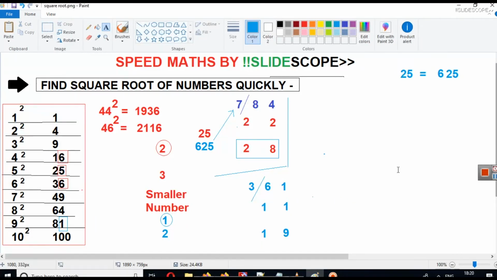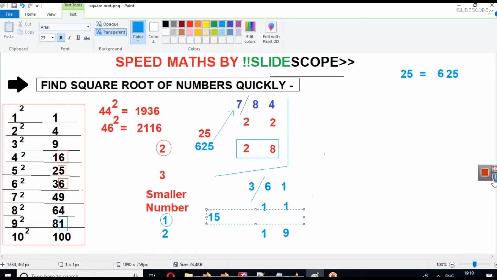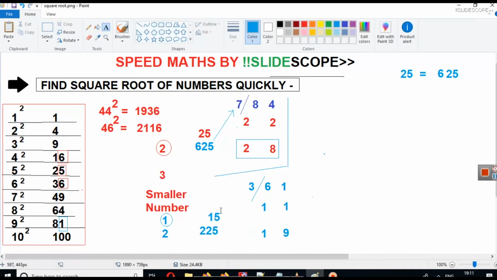When you get hold of this trick, it will become really easy for you. Now between 11 and 19, you have to find a number which ends in 5. So the number is 15 here, and the square of 15 is 225. Again, just write 25, add 1 to 1, it will be 2, and 2 into 1 is 2, so 225. These tricks were shared in the previous video, so you can watch that.